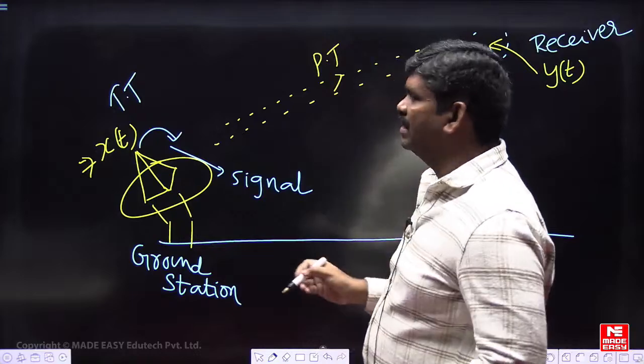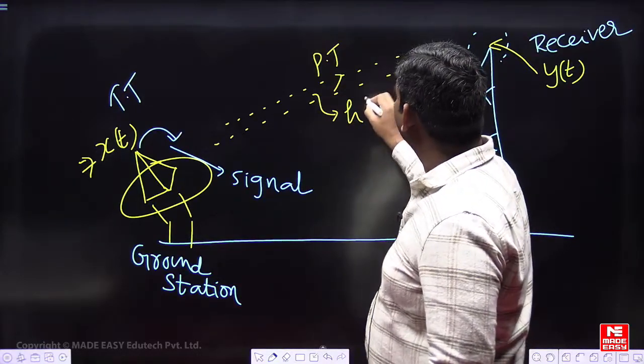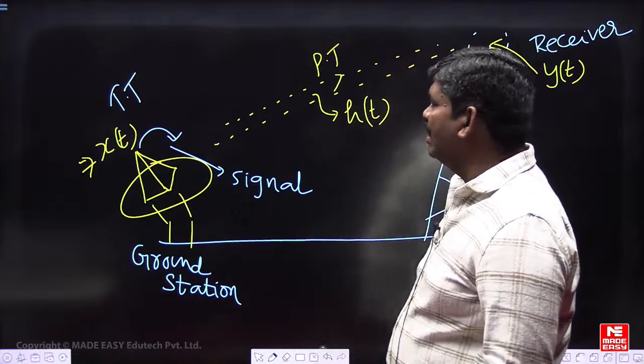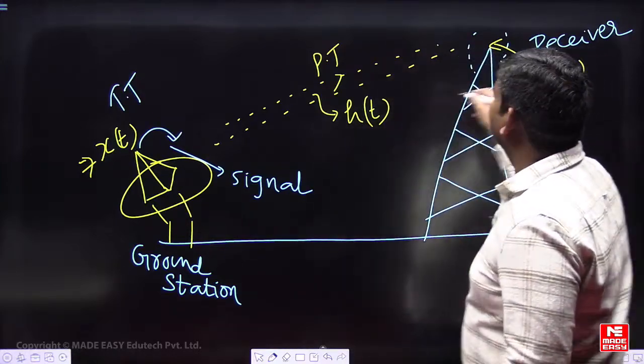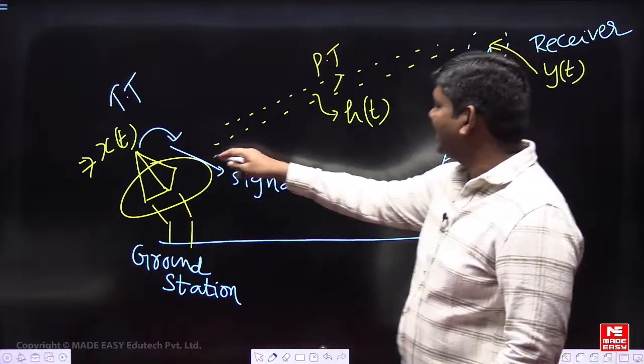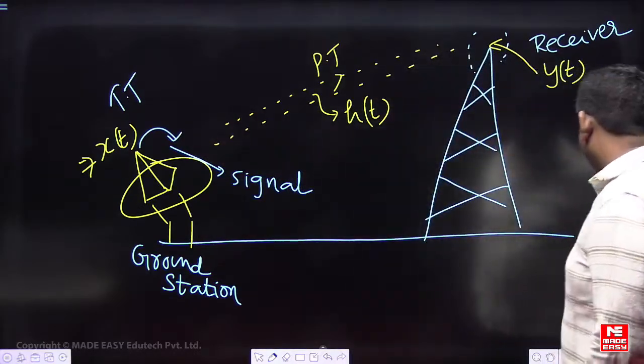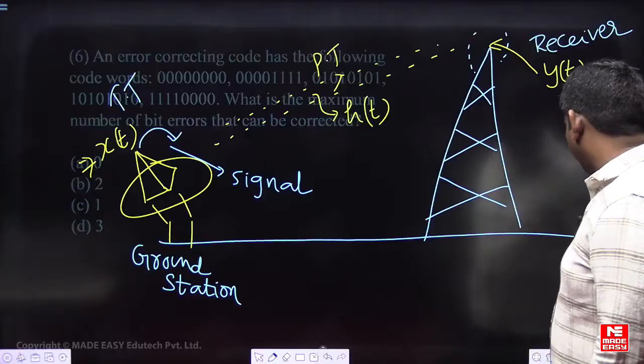The medium you can call h of t, so y of t is x of t into h of t. Transmission time you have already completed. So here you require the propagation time.